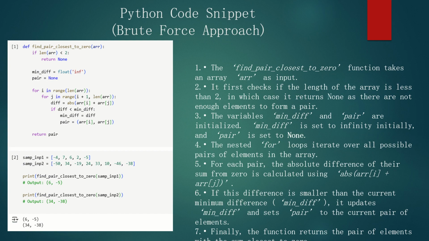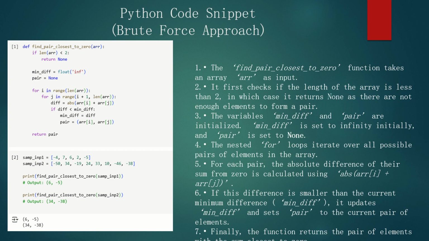The variables minimum difference and pair are initialized. Minimum difference is set to infinity initially and pair is set to None.